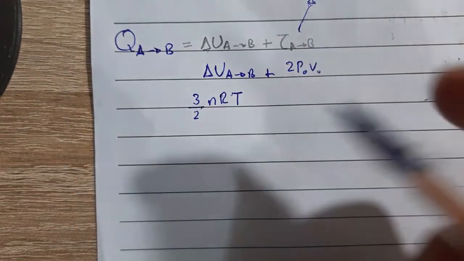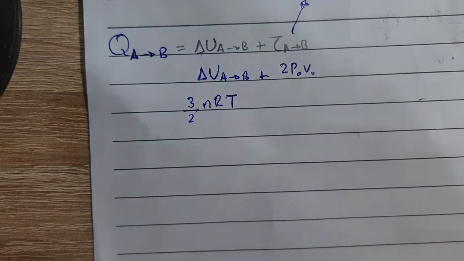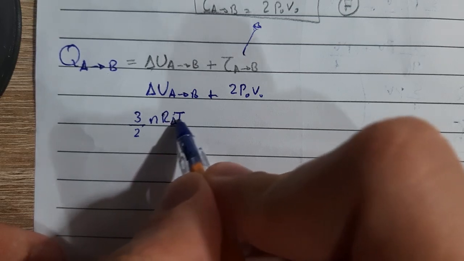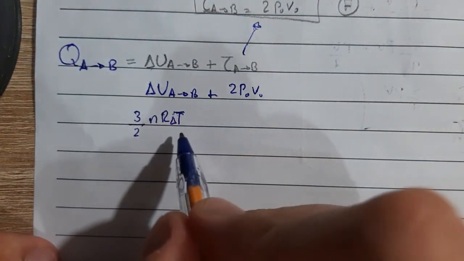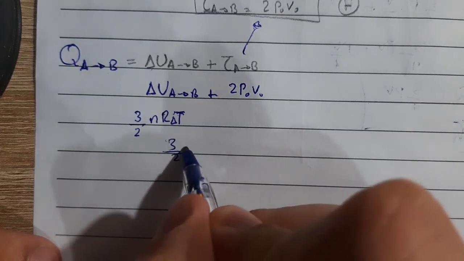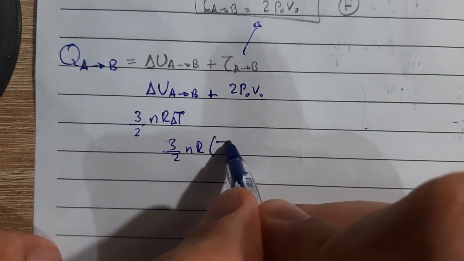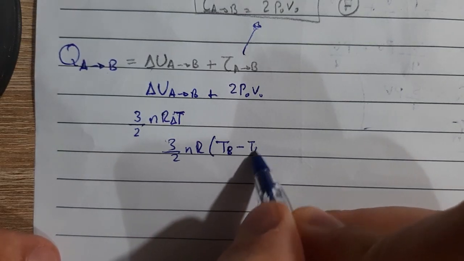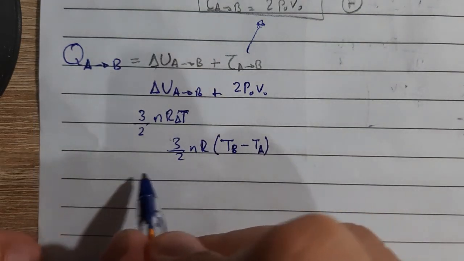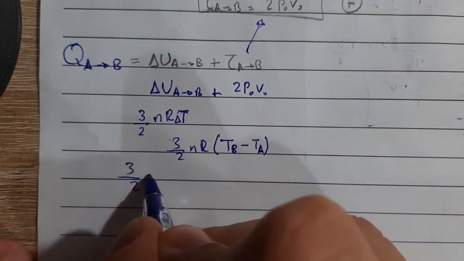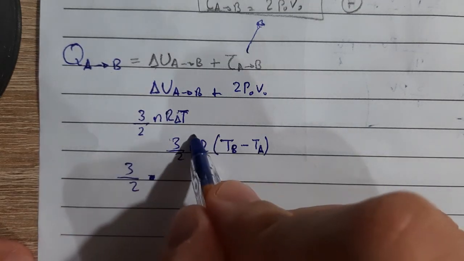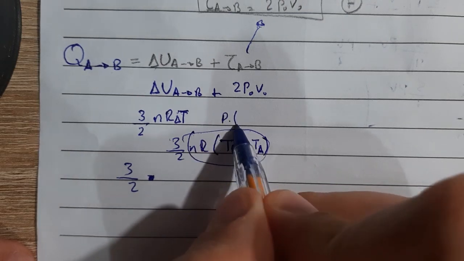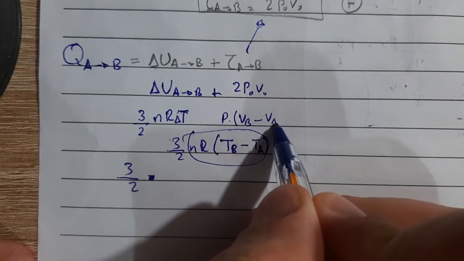So you'll need to find the variation of temperature, okay? We want to find the internal energy from A to B, right? So 3 divided by 2 nR, and then the final temperature, the temperature in B, minus the temperature in A. You can even do 3 divided by 2 times this part over here, which is actually P times the volume in B minus volume in A, right?